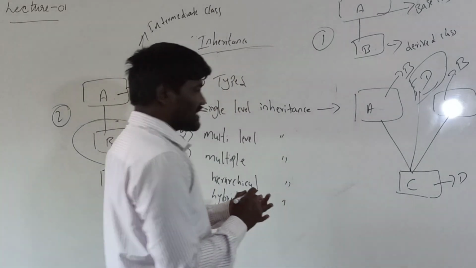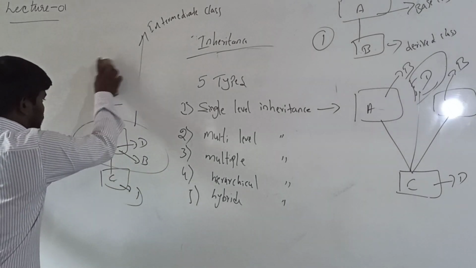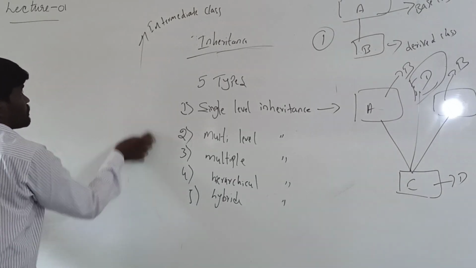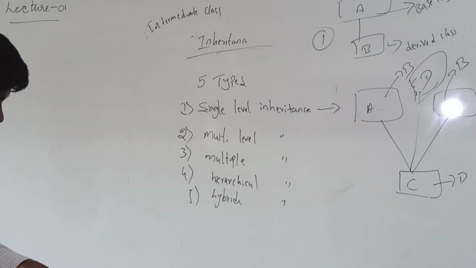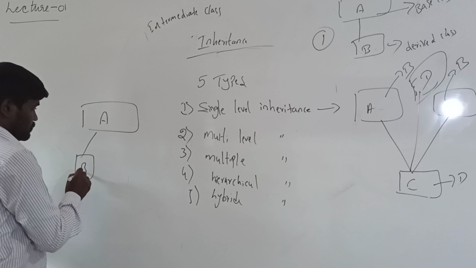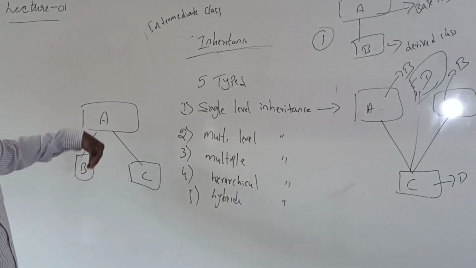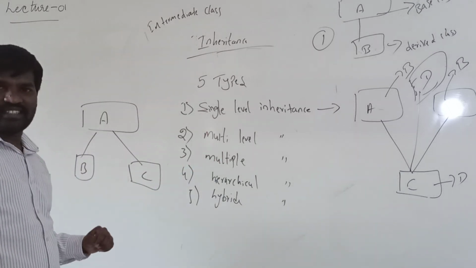Fourth one is hierarchical inheritance. See here, hierarchical is exactly opposite to multiple. If you reverse this, it is multiple inheritance.